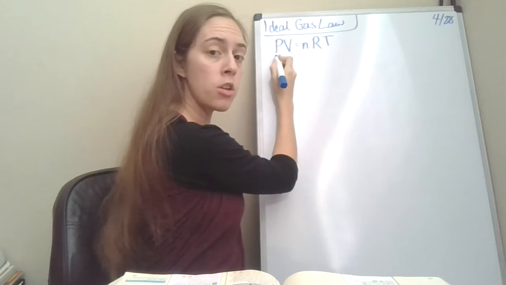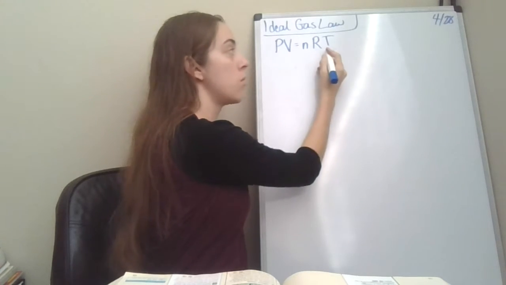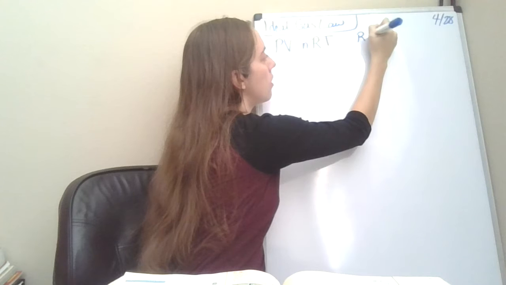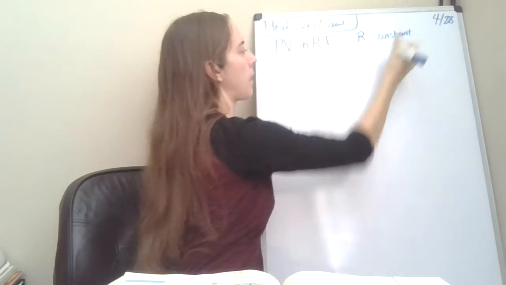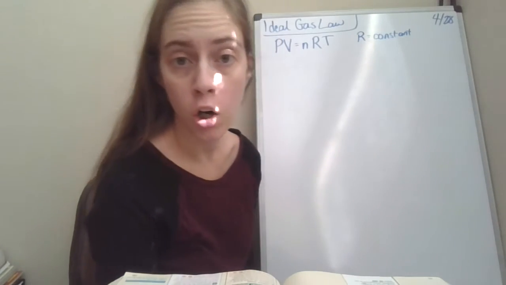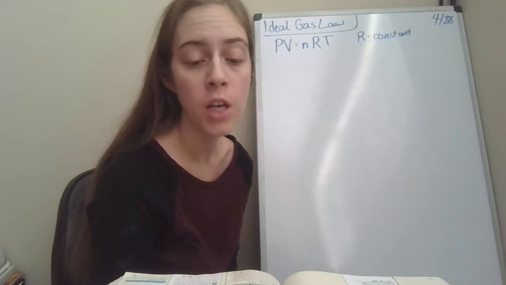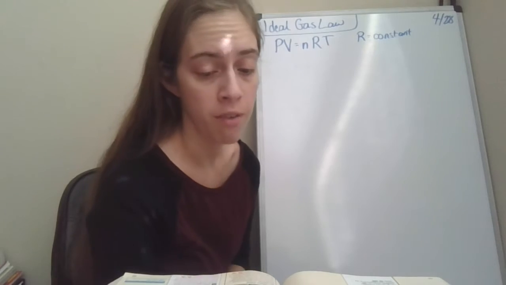P equals pressure, V equals volume, n equals number of moles, T equals temperature, and R is a constant that was mathematically determined. The key thing to note about R is that it is going to be different depending on what pressure unit you're using. The three different R's can be found on page 435, okay?